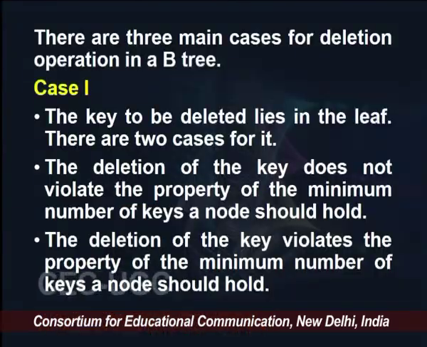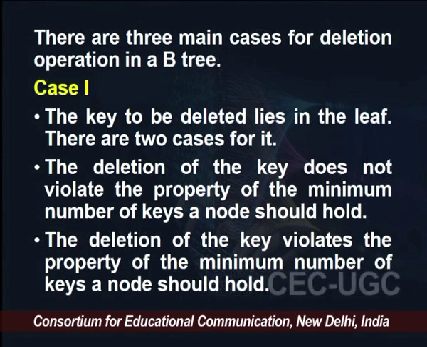Now, another situation is the key which we are going to delete lies on the leaf, but contrary to the first sub case, the deletion of the key violates the property of the minimum number of keys a node should hold.